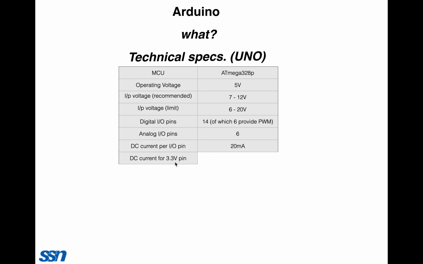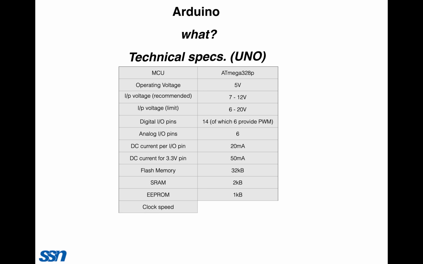The DC current for the 3.3 volt pin is 50 milliampere, and the flash memory, look at this, is only 32 KB, and the SRAM is, my god, only 2 KB, and the EEPROM is only 1 KB. So it is too constrained in nature, and it has a clock speed of 16 megahertz.